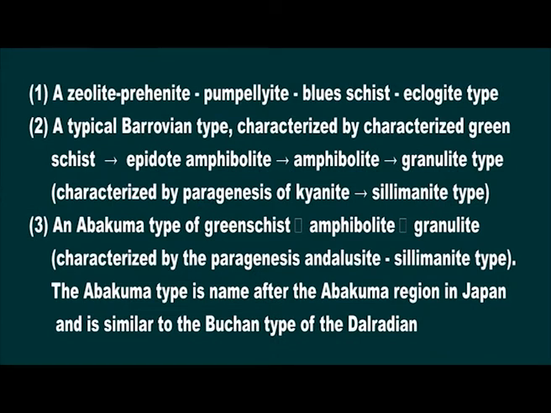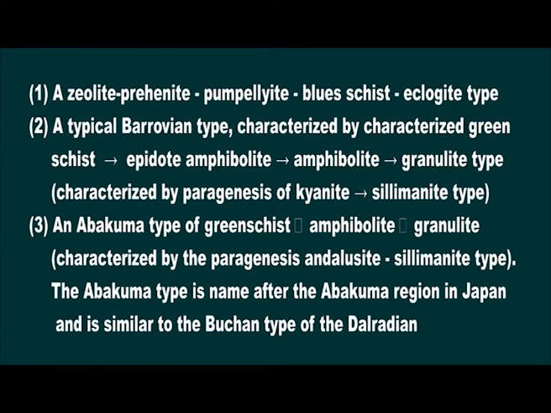First, a zeolite, prehnite, pumpellyite, blueschist, eclogite type. Second, a typical Barrovian type characterized by greenschist, epidote amphibolite, amphibolite, granulite type characterized by paragenesis of kyanite, sillimanite type.